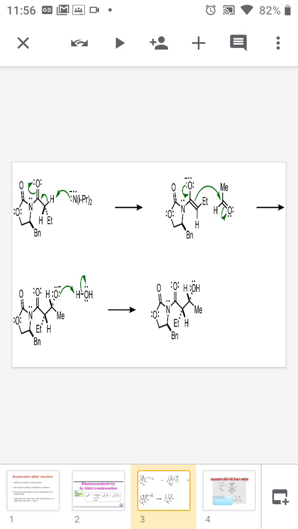Then the aldehyde is added to the reaction center and a new C-C sigma bond is formed. After the Aldol reaction we can remove the chiral auxiliary, thus generating the actual product.